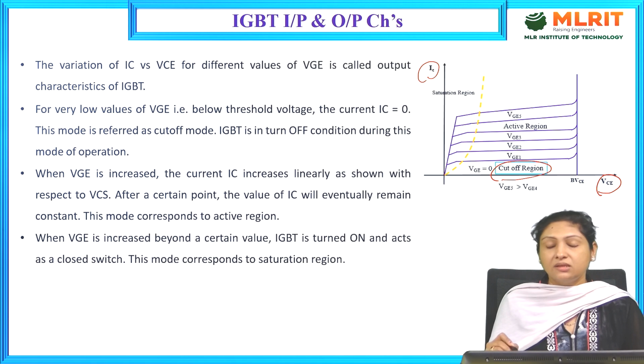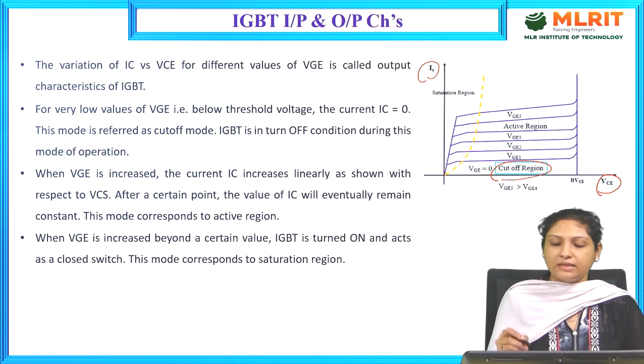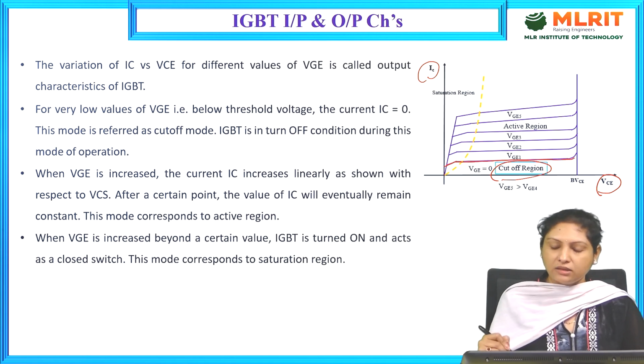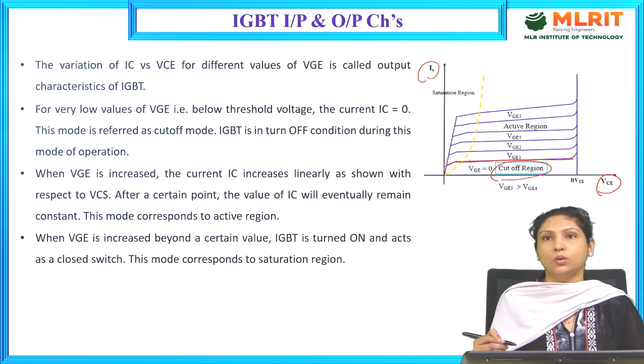And once the gate emitter voltage is applied, the current starts increasing and it almost becomes constant. Here VGE5 is greater than VGE4, which is greater than VGE1.